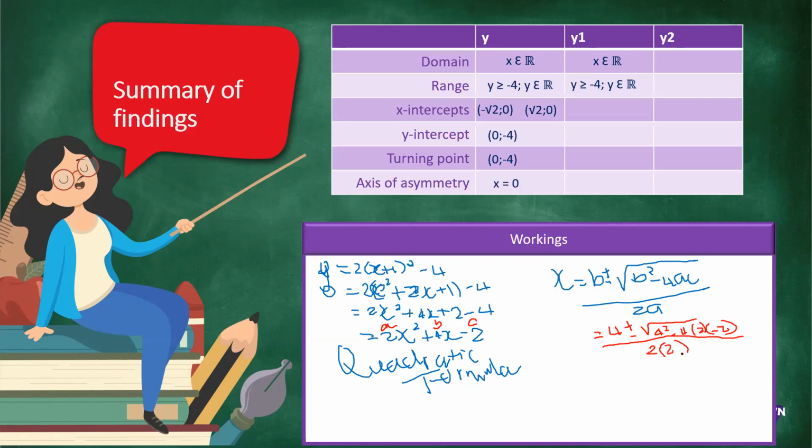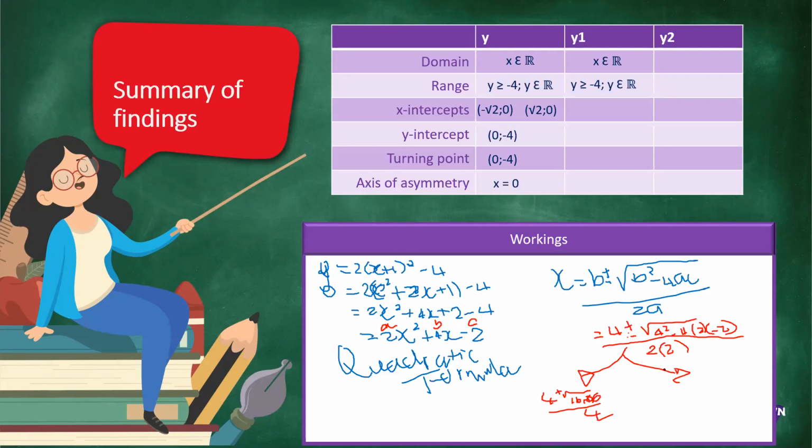You work this out on your calculator, guys, and remember, it's a plus or a minus. So the one x is all of this plus, and the other x is all of this minus, right? So the one x is minus 4 plus the square root of 16 plus 16, apologies, which is 32, over 4.